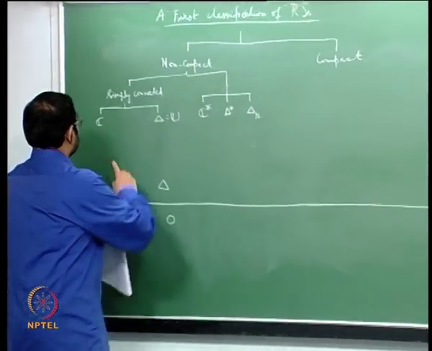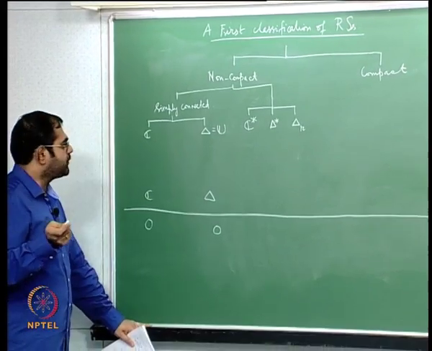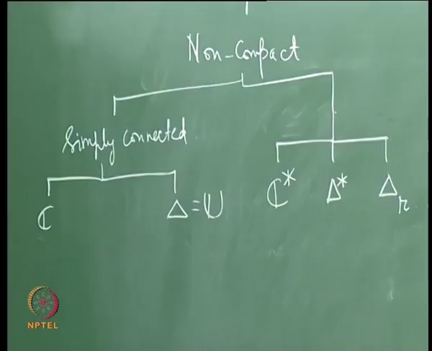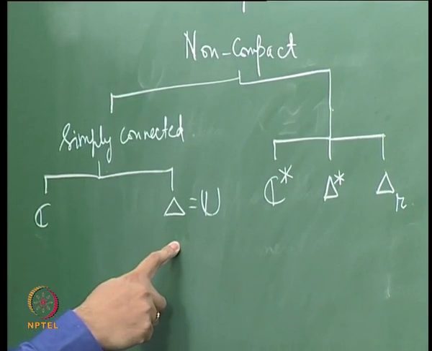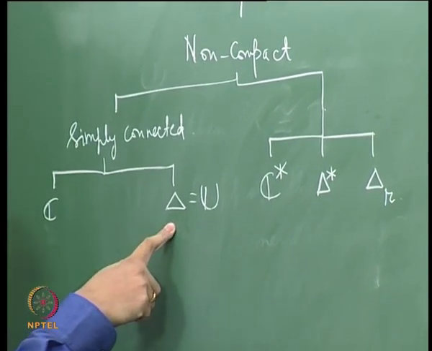So in this case what happens is that the underlying structure is just the plane, okay. So if you take the set of isomorphism classes, you will get only 2 points, one equivalence class that corresponds to this, another equivalence class that corresponds to that.